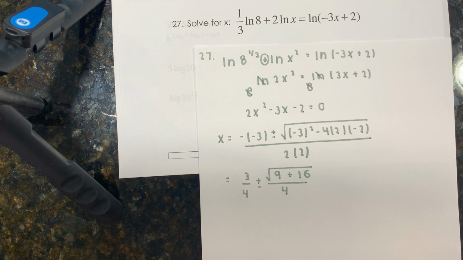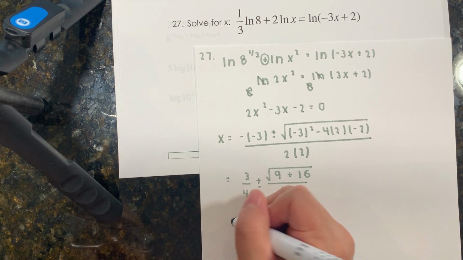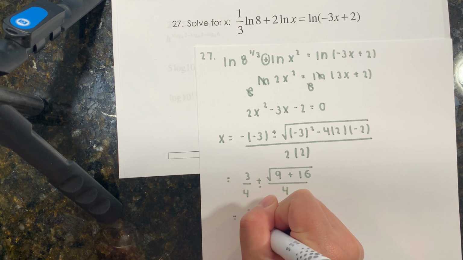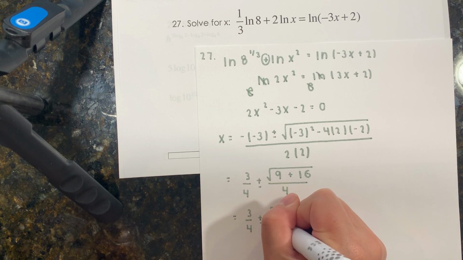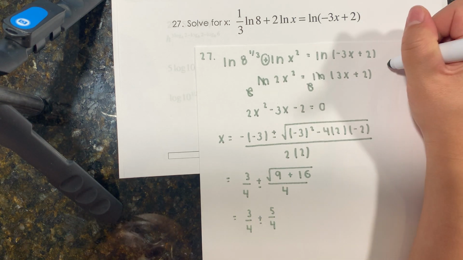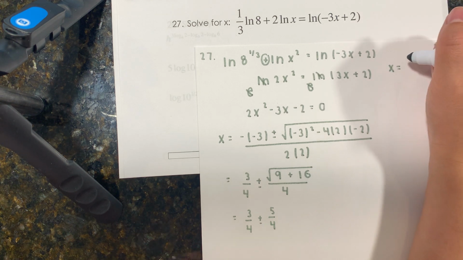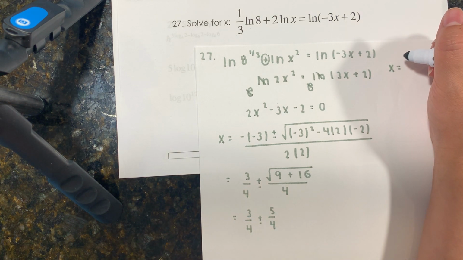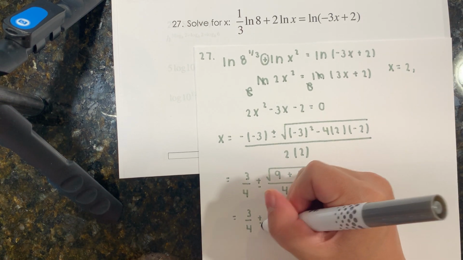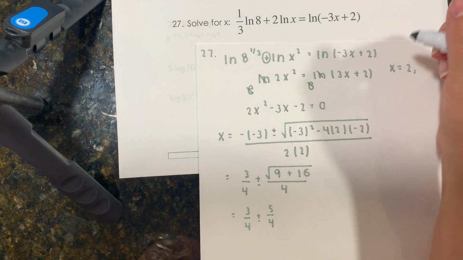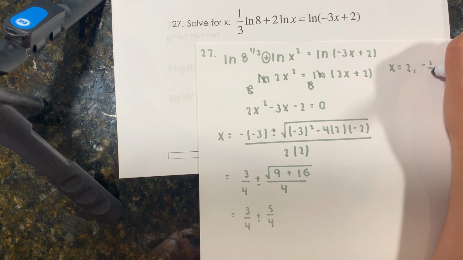The square root of 9 plus 16 is the square root of 25. So that would be 3 over 4 plus or minus 5 over 4. So my two answers are going to be x is equal to 3 plus 5, which is 8 over 4, and that's 2. Or 3 minus 5, which would be negative 2 over 4, and that would be negative 1/2.